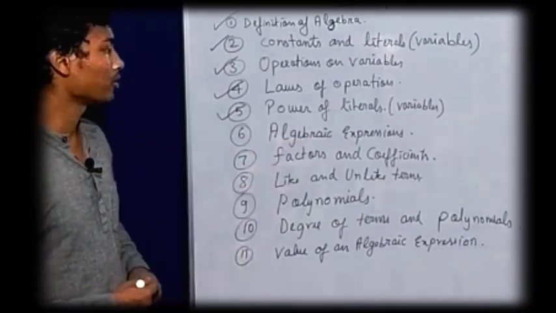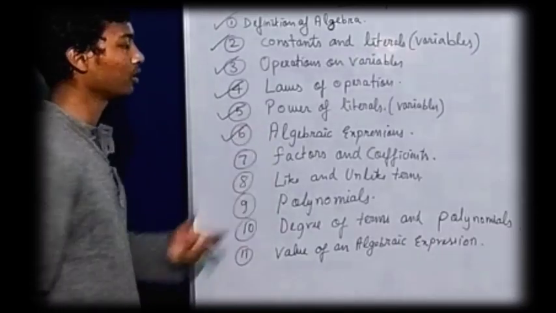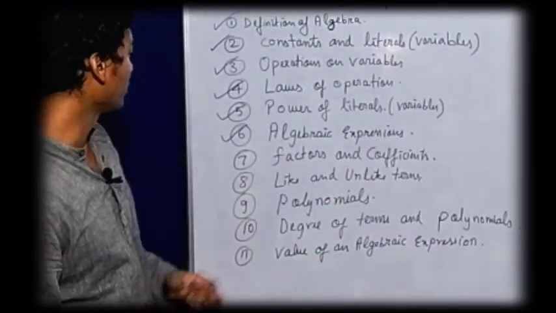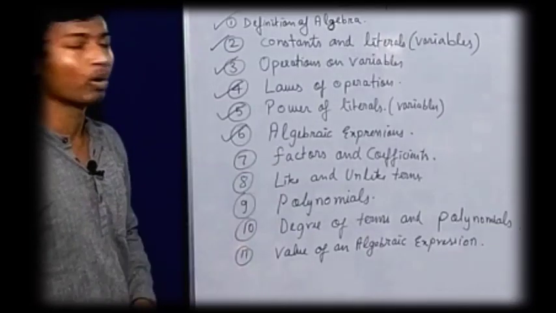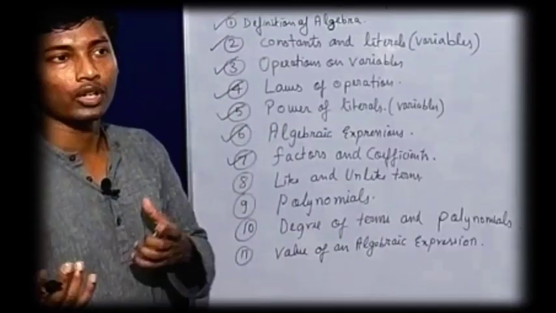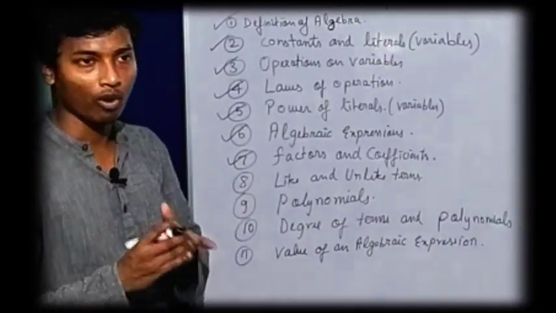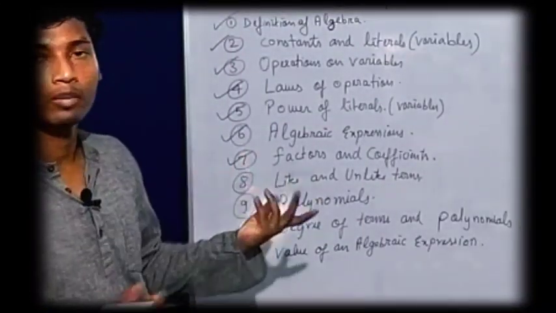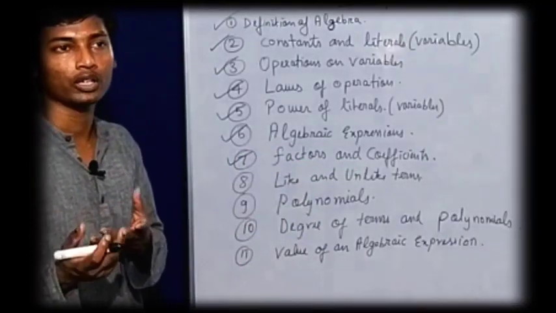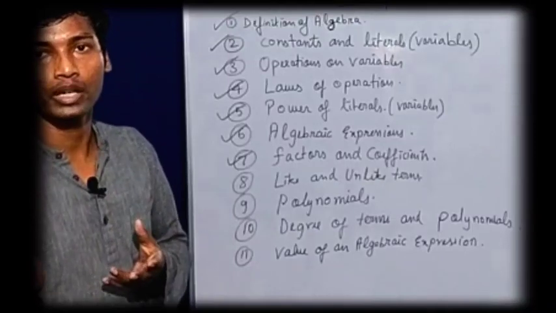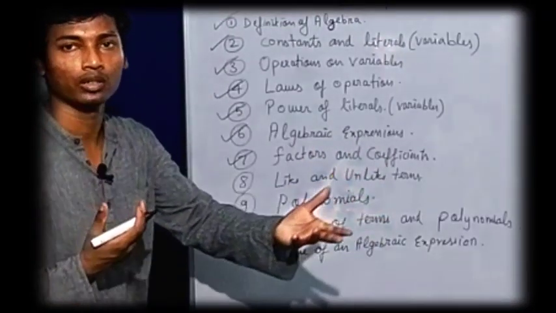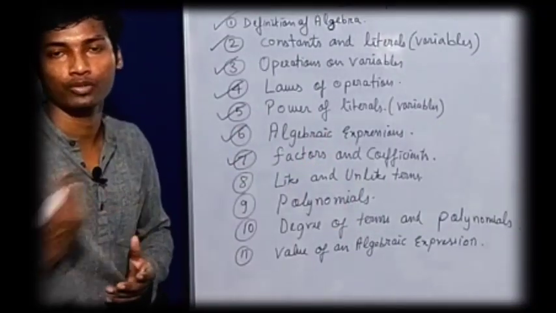Algebraic expressions. So we have learned about the terms and how to express them algebraically. Next we have learned about factors and coefficients. In a term, when constants and variables are multiplied together to form a term, each of the constants and variables that are multiplied are called the factors, and if I take one factor, then the remaining factor will be the coefficient of this factor.